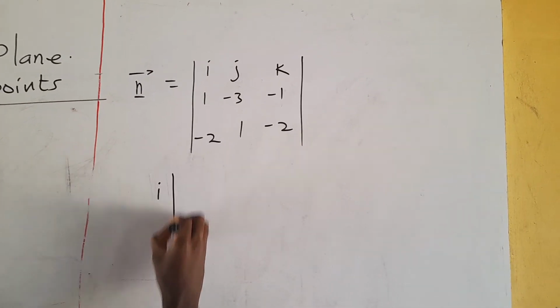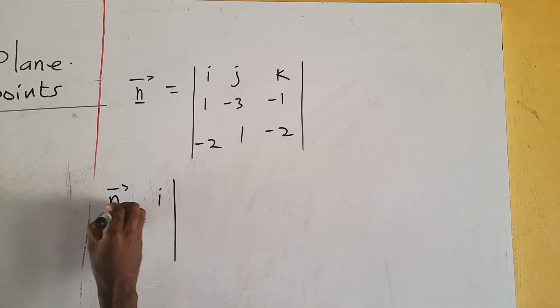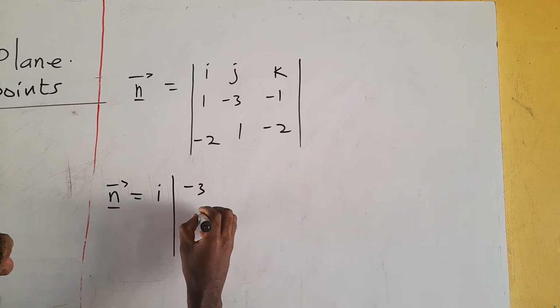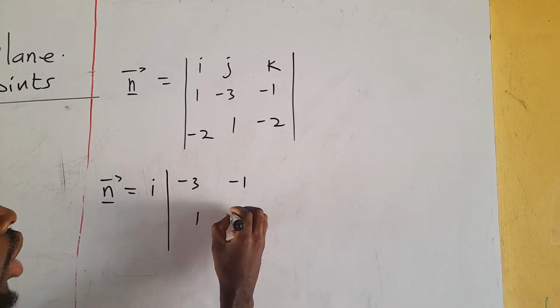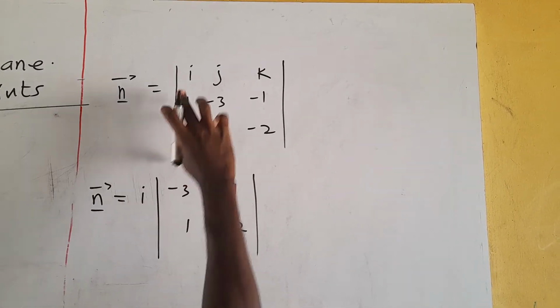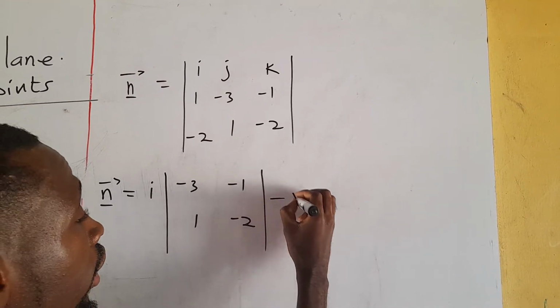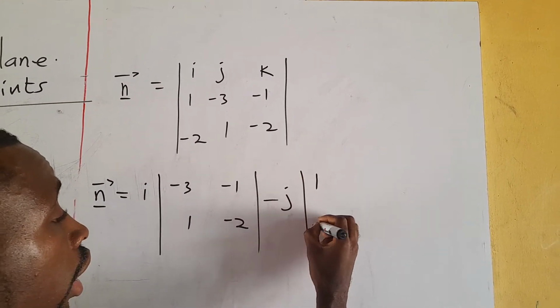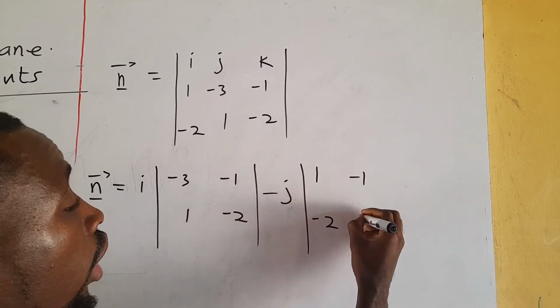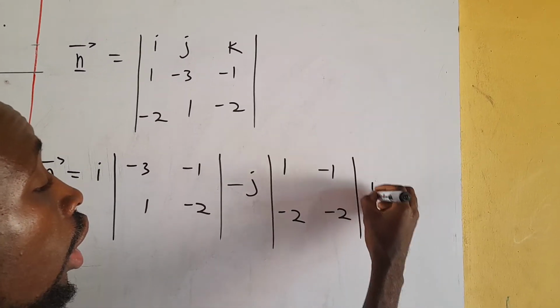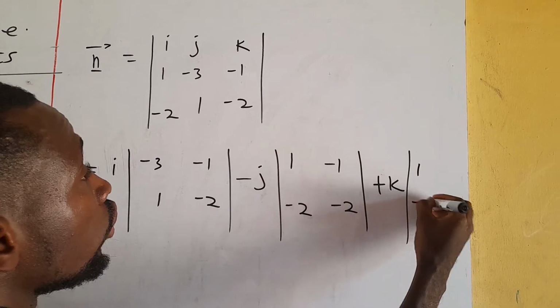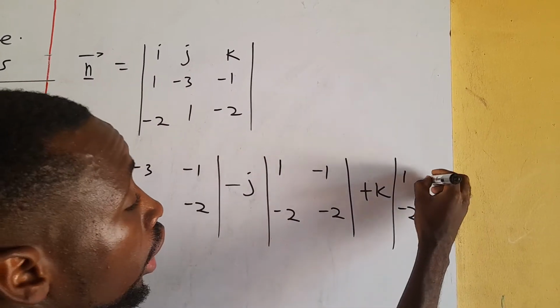We have i, then -3, 1, -1, -2. When we take the i, we will not pick what is under the i. Minus j will not pick what is under the j, so 1, -2, -1, -2. Then plus k will not pick what is under the k, so we have 1, -2, -3, 1.